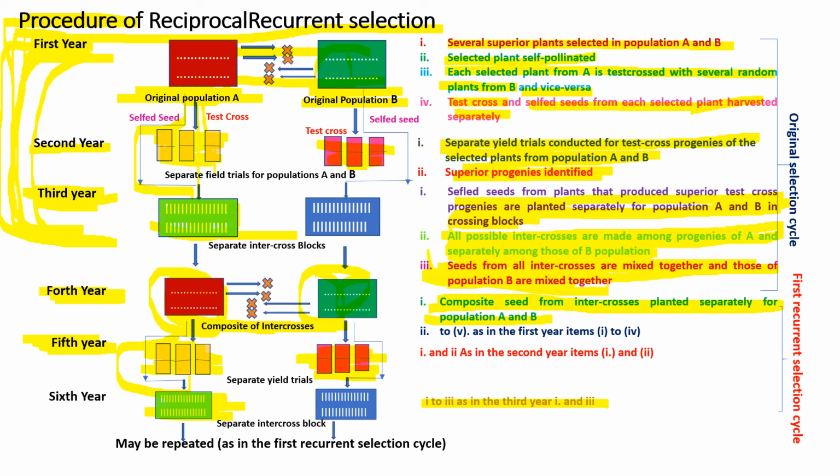So all the seeds are collected, and now this is the first recurrent cycle. If we get a superior variety, then it is okay. But if we want some other desirable characters, this may be repeated as in the first recurrent cycle till we get the superior variety.